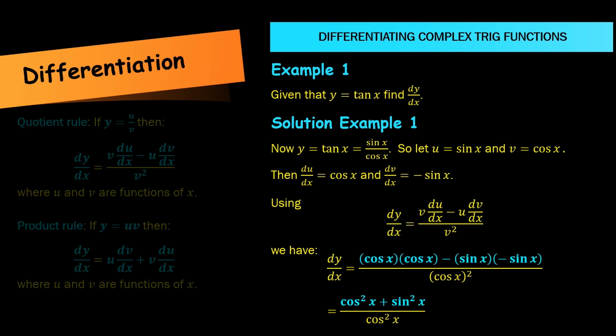And so we have that dy dx equals cos squared x plus sin squared x all over cos squared x. And of course the numerator is equal to 1 and the denominator stays as it is, giving us that dy dx equals sec squared x.